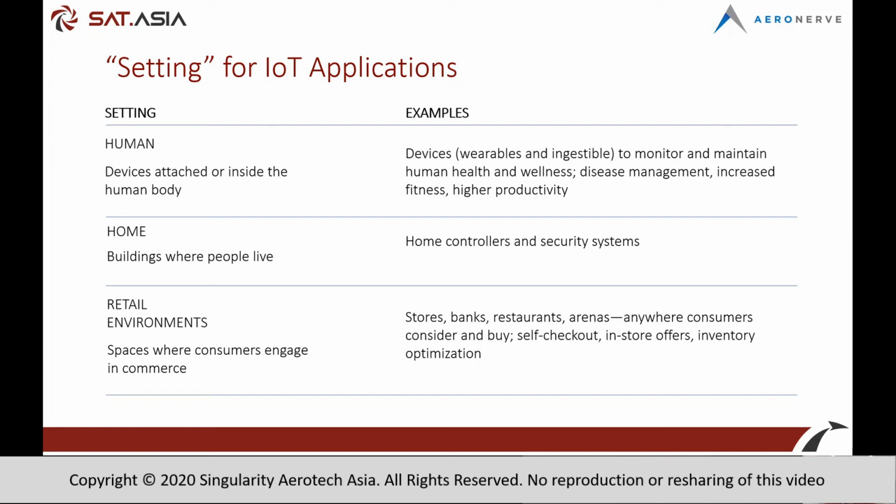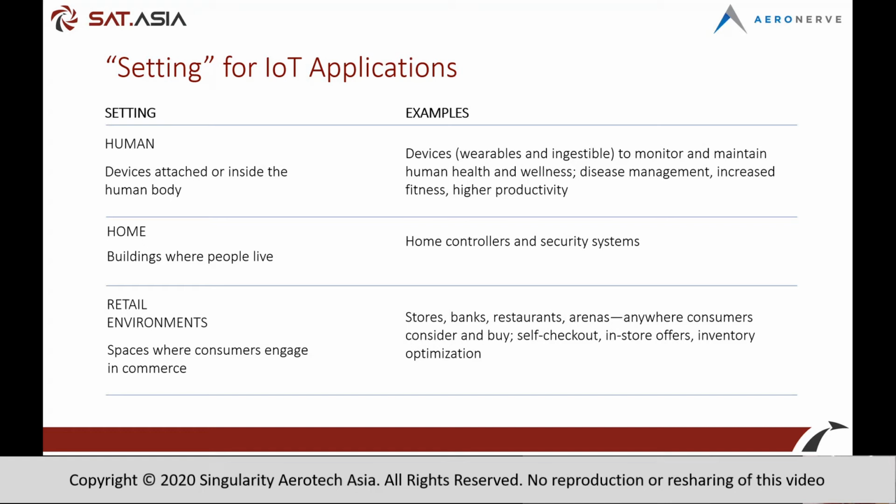The first setting is human, you yourself. It means that you are attaching a device, whether your phone, your watch, for example, or inside your human body. Some examples are wearables and ingestibles to monitor or maintain human health and wellness.